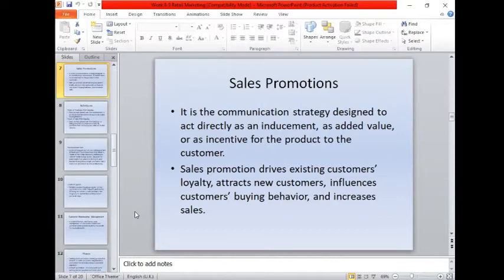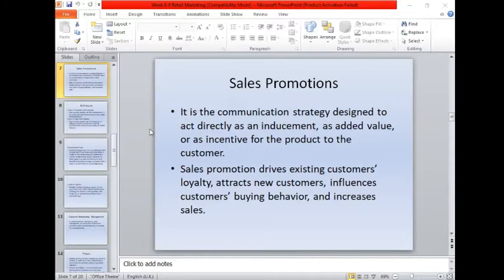A sales promotion is also a communication of retail marketing, in the sense that we make a mix and match of the products in order to promote them as a sale. Because sales promotion is about endorsement of the price, or it can be an added value or incentive which the product can offer to the customers.